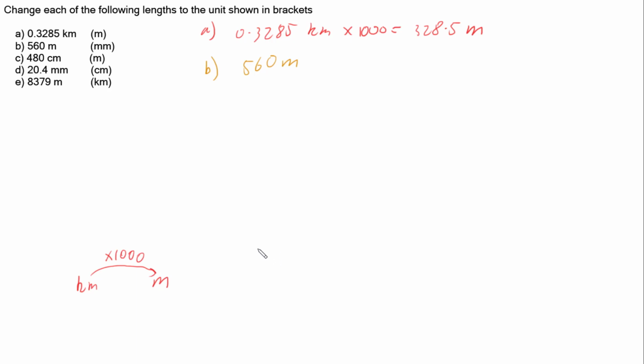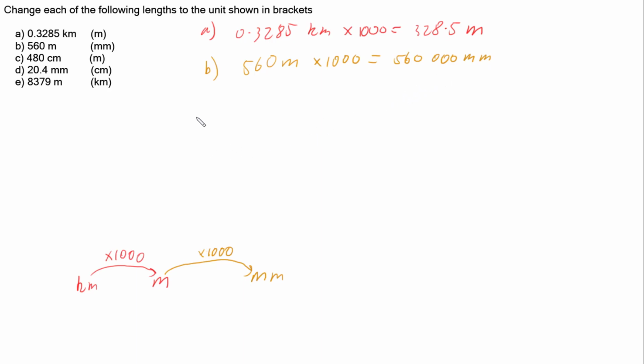So 560 meters, converting that to millimeters, well, from meters to get to millimeters, again, there's 1,000 in them, and we're going to a small unit. A millimeter is very small compared to a meter, so we're going to multiply by 1,000. So again, we multiply this by 1,000, and that's going to give me 560,000 millimeters.